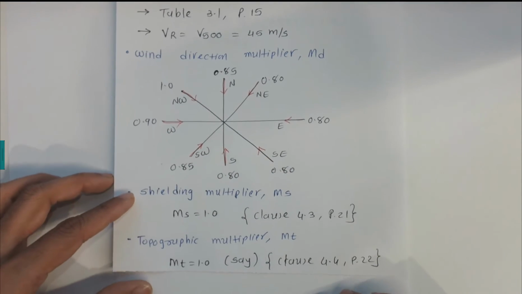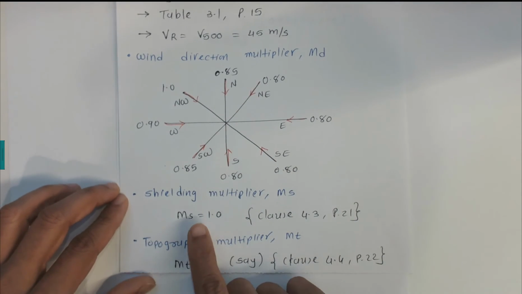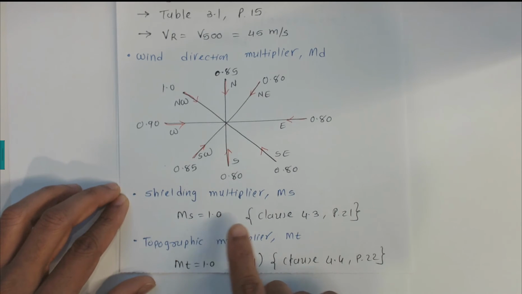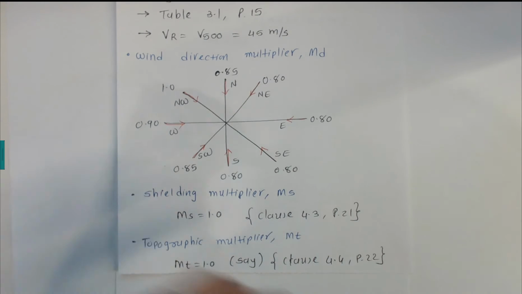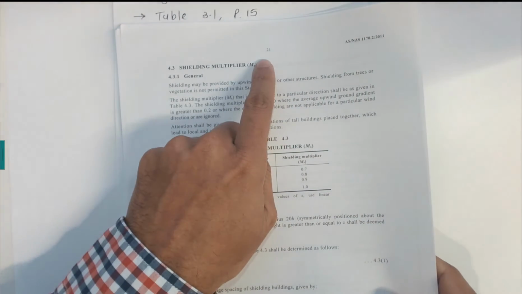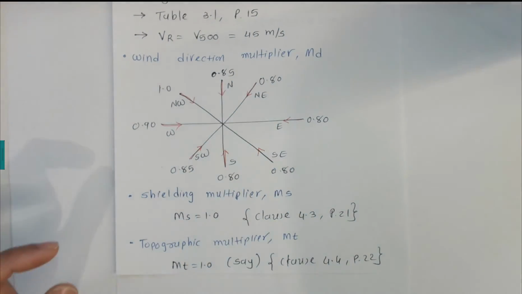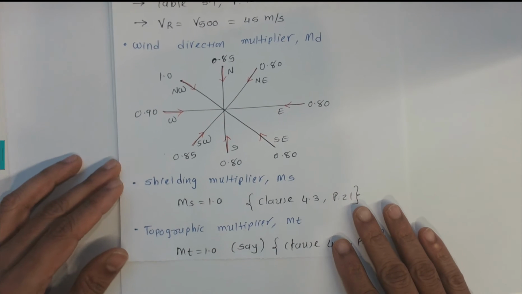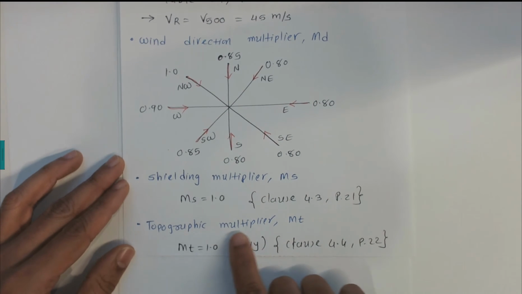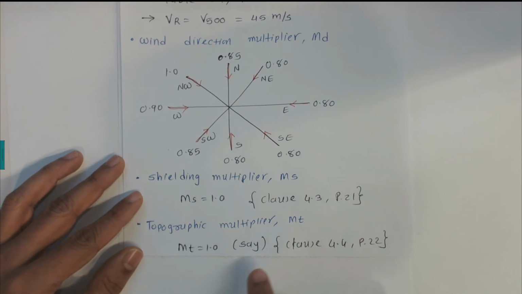Now the shielding multiplier. There is no shielding effect given, so MS equals 1.0, that is given in clause 4.3 on page number 21. If you look at clause 4.3 on page number 21, the information is given about the shielding multiplier. And the topographic multiplier MT equals 1.0, since the building is located on flat ground.